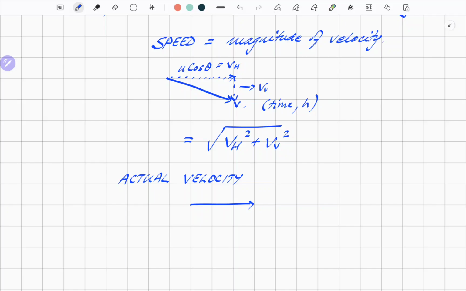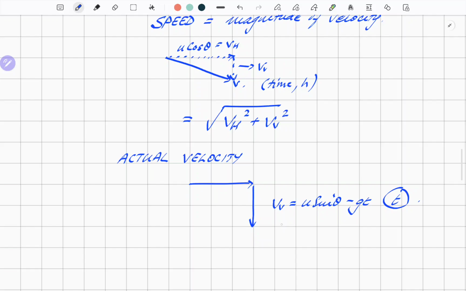You find the vertical bit, up or down, whichever direction it is, using VV equals u sine theta minus GT, so therefore you need T. Or if they give you what is the velocity when it reaches, I don't know, 2 meters above the ground or something like that, okay?